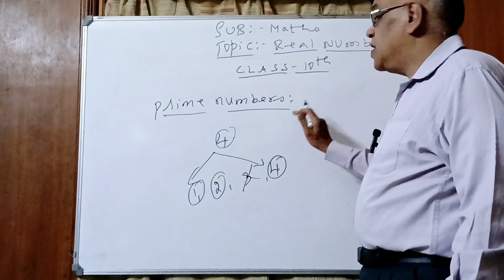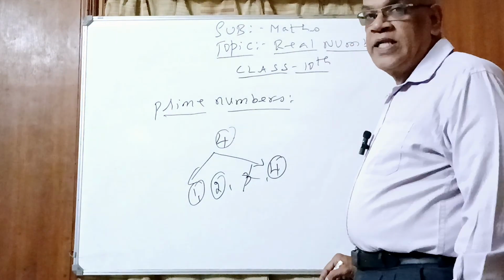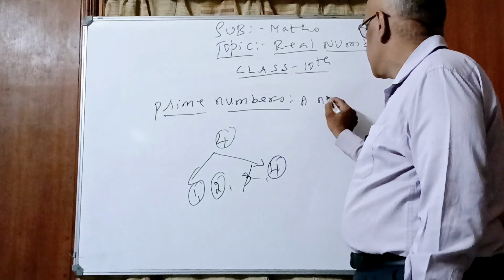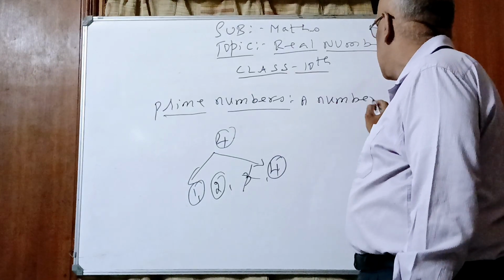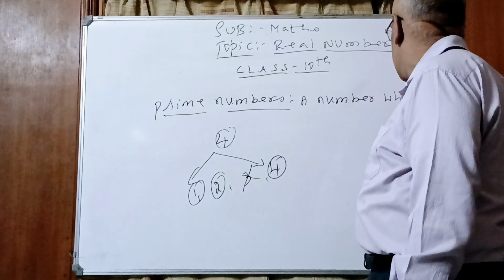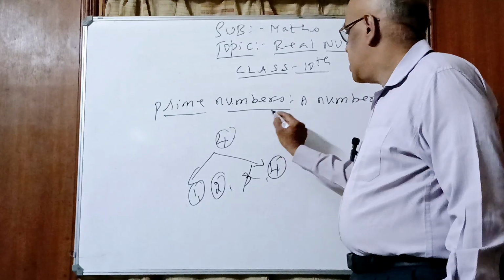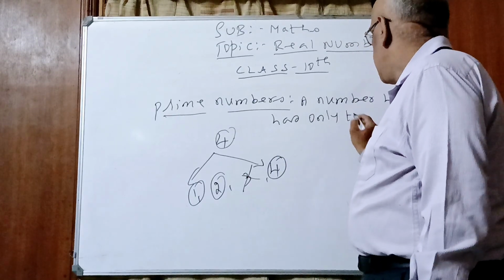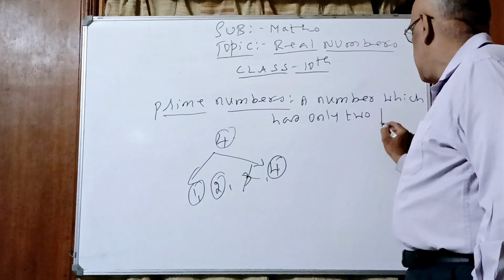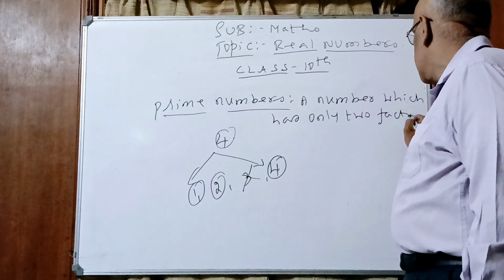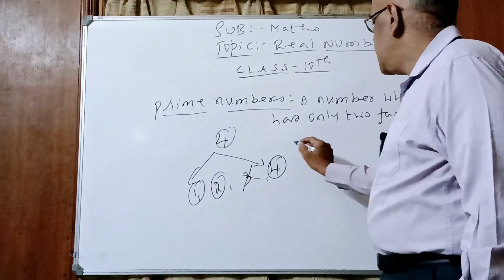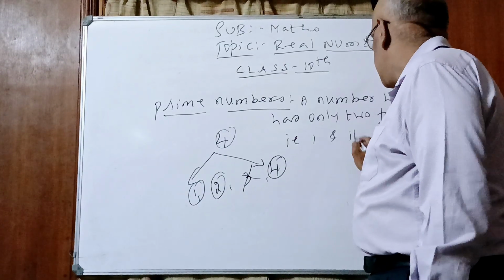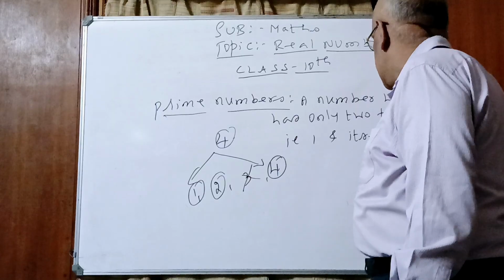A number which is divisible by 1 and itself, which has only two factors. Which are the two factors? That is 1 and itself.